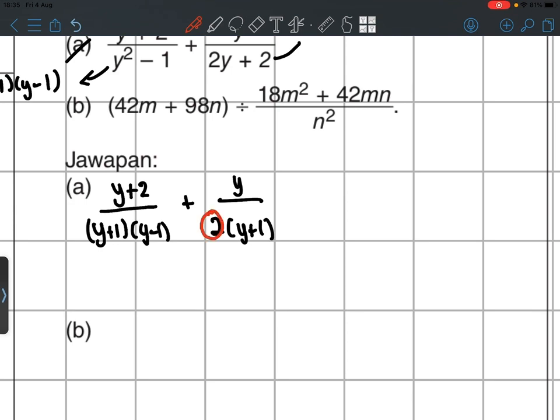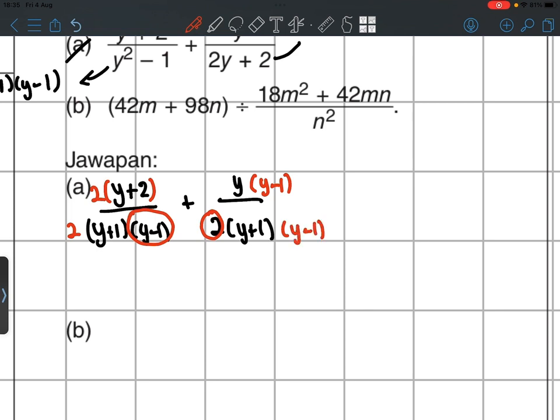We have 2 over here, so we can multiply by 2 in this fraction, and the first fraction has y minus 1, so we need to multiply with y minus 1 over here.